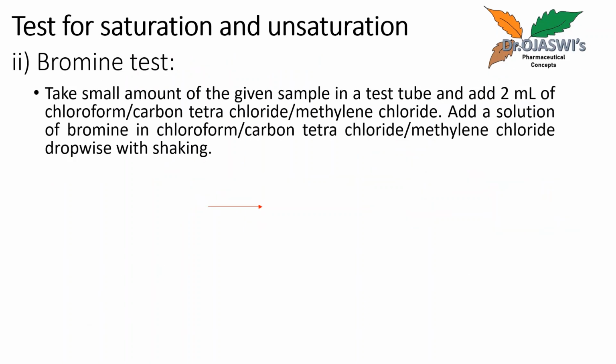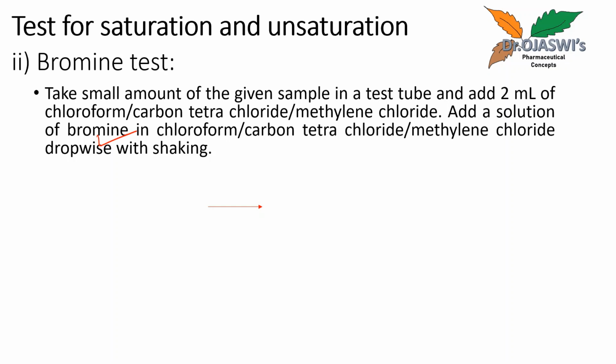Next is the test for saturation and unsaturation. Under this, the next test is the bromine test. Here a small amount of the sample is taken in a test tube and dissolved in a suitable solvent. In that, bromine solution, also prepared in a suitable solvent, is added dropwise with shaking.